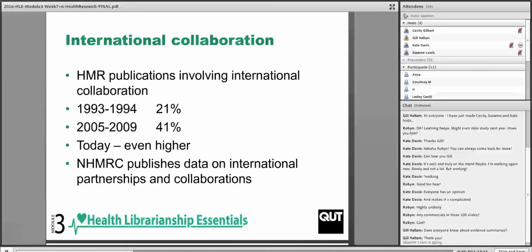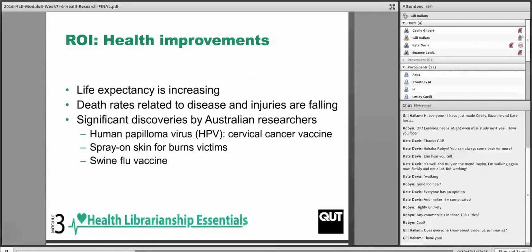In that period, 40% of the publications were already involving international collaboration. And today, I couldn't track any exact data, but obviously that's going to have increased over the past 6 or 7 years as well. So NHMRC has very dense data, lots of Excel spreadsheets and things like that, that looks at the actual international partnerships and collaborations. So that's really tracked very strongly and is encouraged, and obviously technology supports all of that.